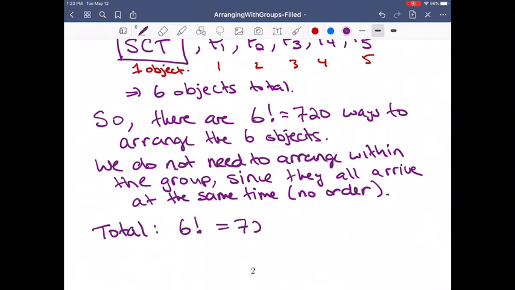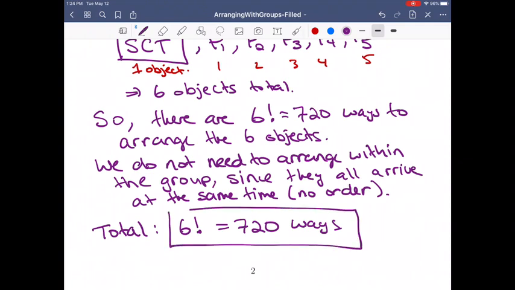So 720 ways that people could arrive, assuming that Stacy, Carol, and Tanya all come at the same time. Now, if they were sitting down, then the order within this would matter. So they'd have 3 seats all together, and we want to know who sat in which seat. But because here they're just coming to the party, they're all coming at the same time, so there's no order involved. So that's a few examples of arranging with groups involved.